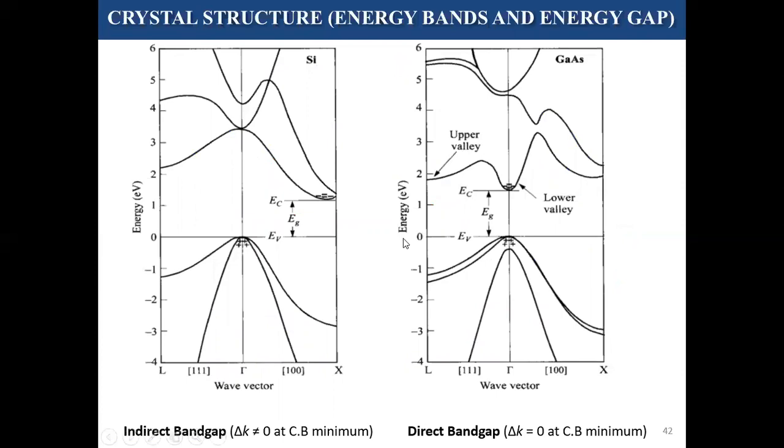This should be a familiar diagram for indirect band gap like silicon. You can see that the minima of the conduction band is away from the valence band. Whereas for gallium arsenide, it's exactly in the same k-space.